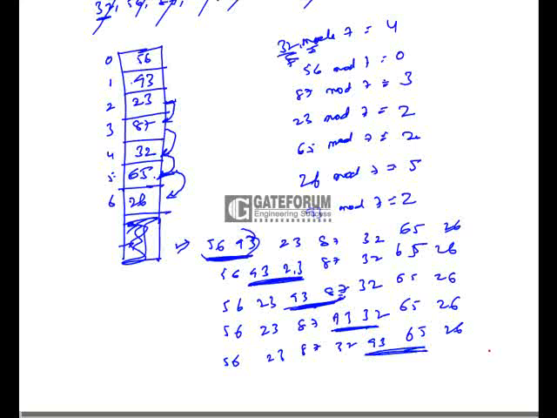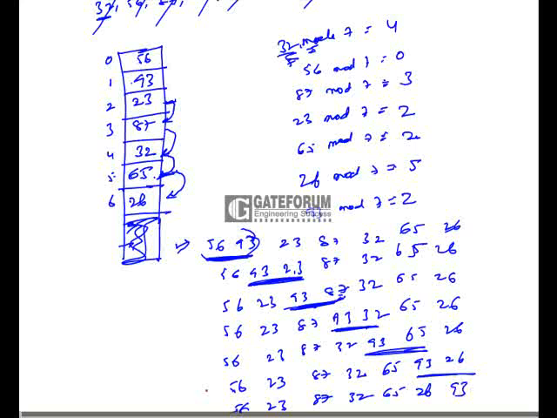Now these two elements will be compared. As 65 is less than 93, these two are interchanged. After interchanging, the contents will be 56, 23, 87, 32, 65 and 93, then 26. Now these two will be compared. As 26 is less than 93, they are interchanged: 56, 23, 87, 32, 65, 26 and 93.